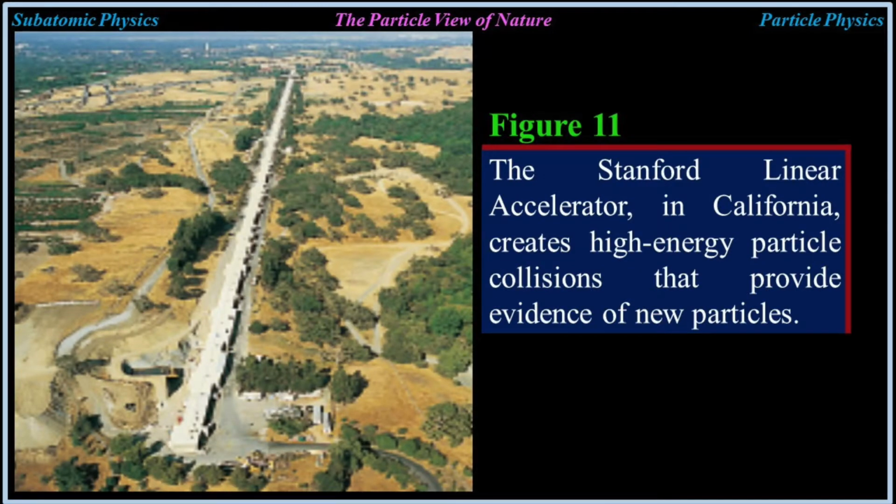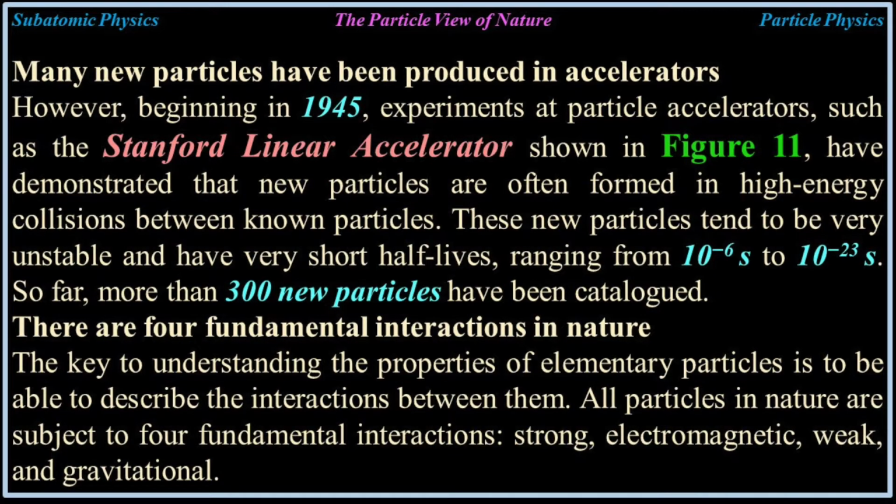The Stanford Linear Accelerator in California creates high-energy particle collisions that provide evidence of new particles. Many new particles have been produced in accelerators. However, beginning in 1945, experiments at particle accelerators such as the Stanford Linear Accelerator, shown in Figure 11, have demonstrated that new particles are often formed in high-energy collisions between known particles.